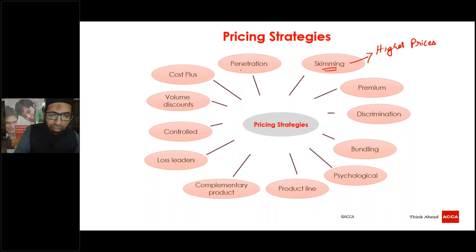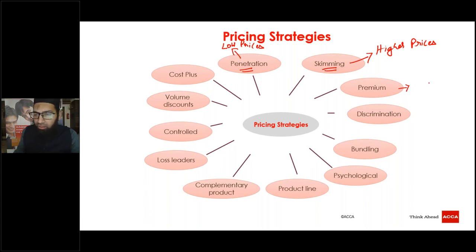The penetration pricing strategy is completely opposite of skimming, and in that we initially set low prices and then start to increase the price later. In premium pricing, we set a slightly higher price than our competitor, but we justify it with some premium benefit.